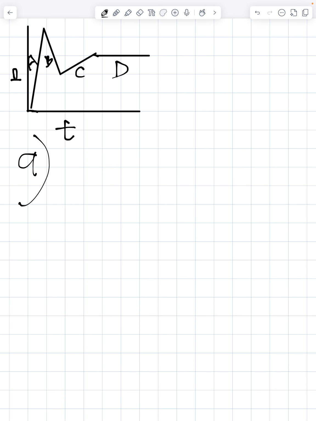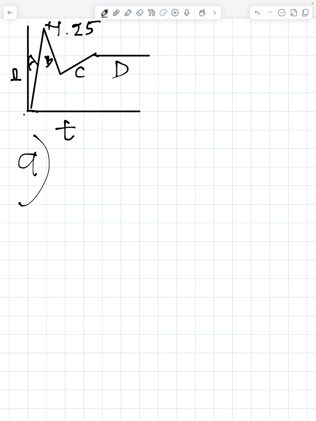From this graph, we see that sections A and C go from 0 to 1.25, so they go positive up. They go from 0 left to right. The slope is positive.